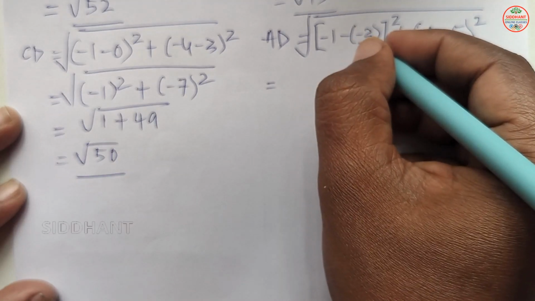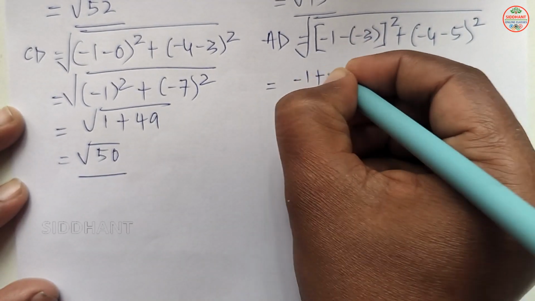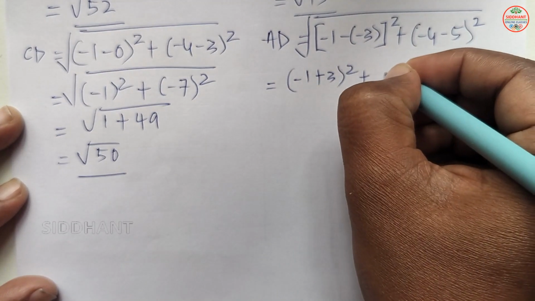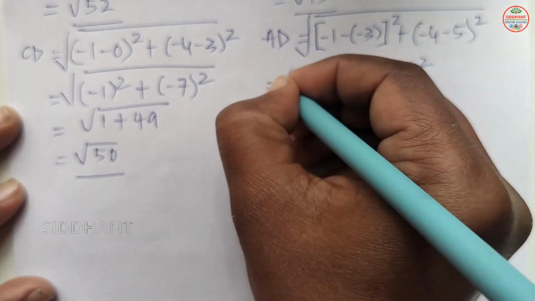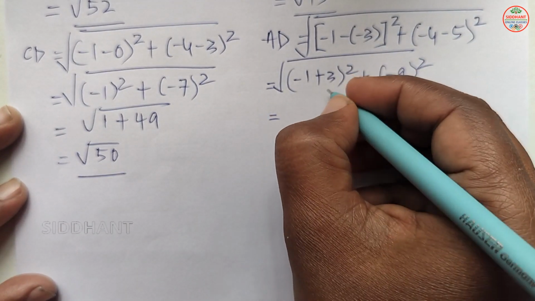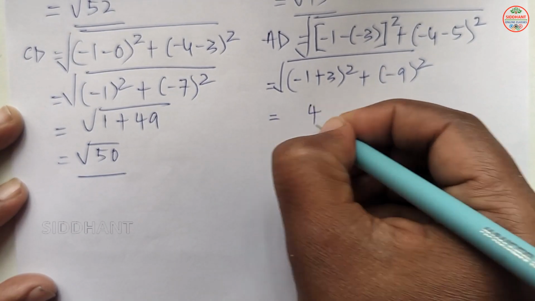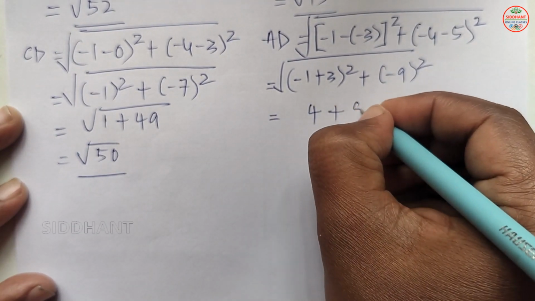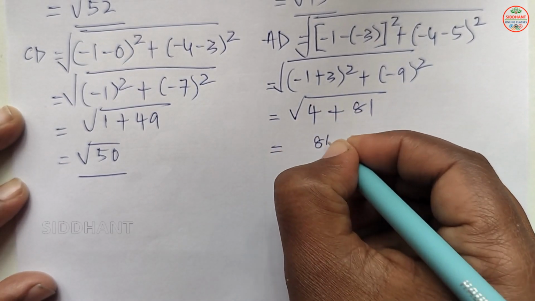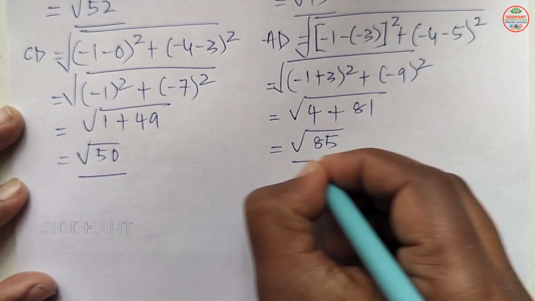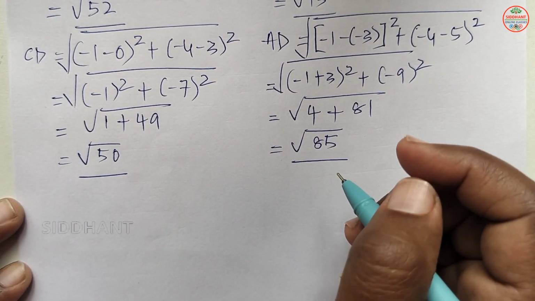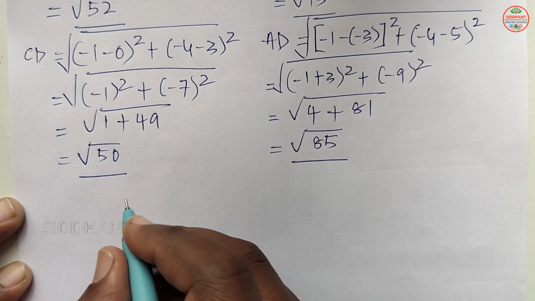So minus 1 plus 3, 2 whole square, plus minus 9 whole square. 2 square is 4, 9 square is 81. So that will be 85, square root 85 here. So all the four sides are not equal. So let's see the diagonals now.